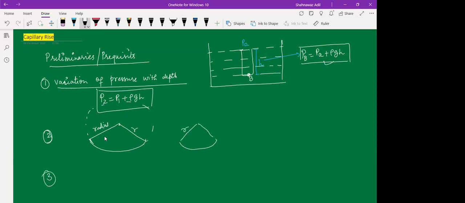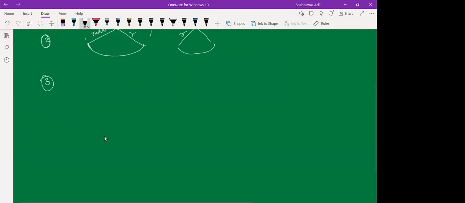The third thing that we have to remember is, if we have one membrane, let's say a two-layer system. Let's say we have air and then a water droplet. So this is a two-layer system, right? One layer is inside, the other layer is outside.